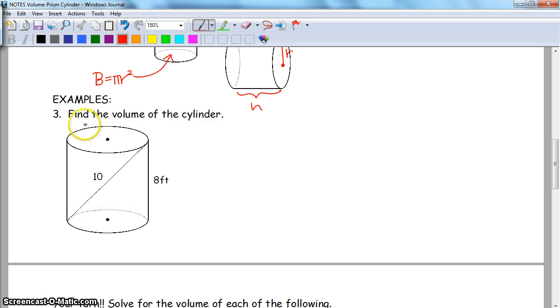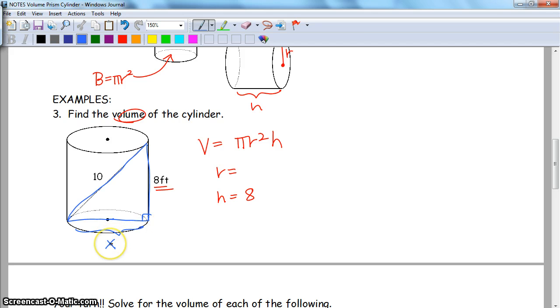So right away, when it says find the volume of the cylinder, I just write down the formula. Pi r squared h, so I know I need h and I need the radius. So the height is nice and easy, that's 8, but the radius we don't know yet. Well, rather than just drawing in the radius, I can tell right away that I see a triangle here. So if I'm going to use the full triangle, I have to draw in the diameter.